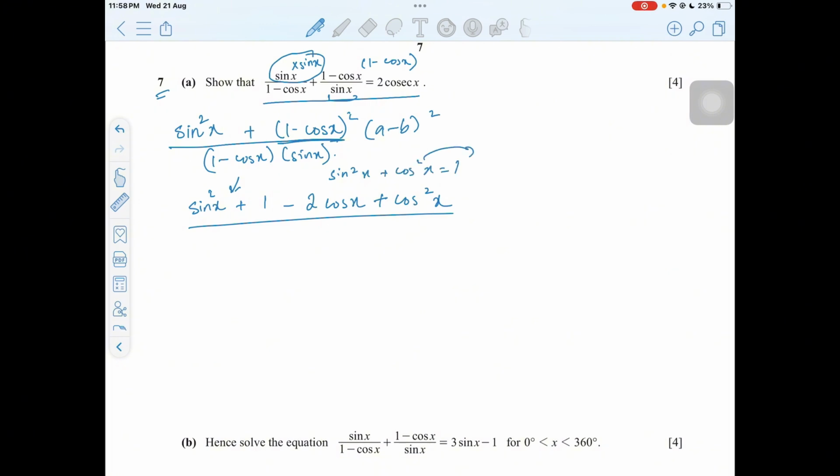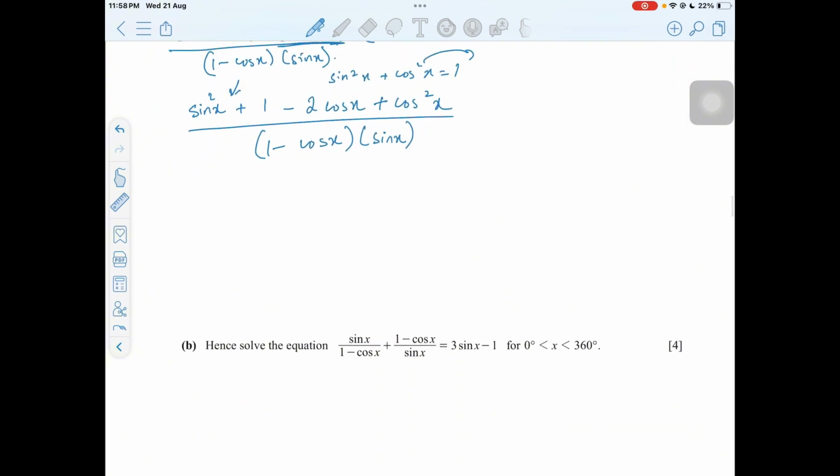This cos squared would go over there, so this would be 1 minus cos squared x. We have written sine squared as 1 minus cos squared x plus 1 minus 2 cos x plus cos squared x, so this and this would be cancelled out.